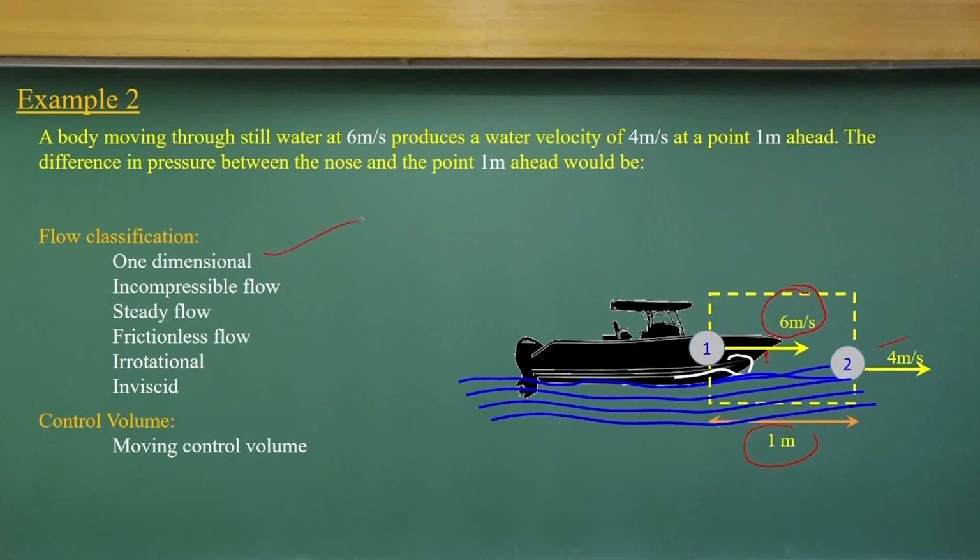So we can draw the streamline which is passing through point 1 and point 2: incompressible flow, steady, frictionless, irrotational, inviscid. Okay. It is a moving control volume, but we are not looking at it as a moving control volume, we are just looking at the pressure difference, we are not looking at the mass fluxes here.